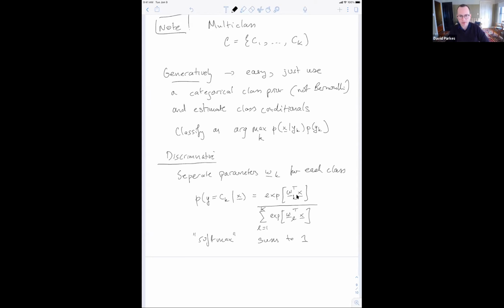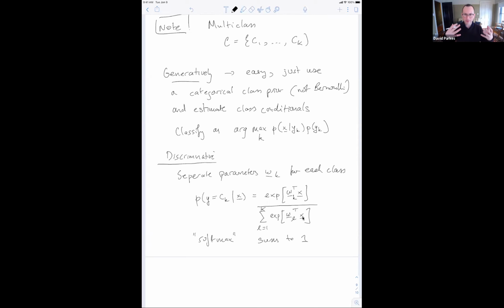And then the second thing that you should be able to check is that as the discriminant value for class K gets bigger and bigger, that term will come to dominate the denominator. And so you'll get a probability going towards 1 on that class. So that's the sense in which this is a max. And it's a soft max because it's differentiable.